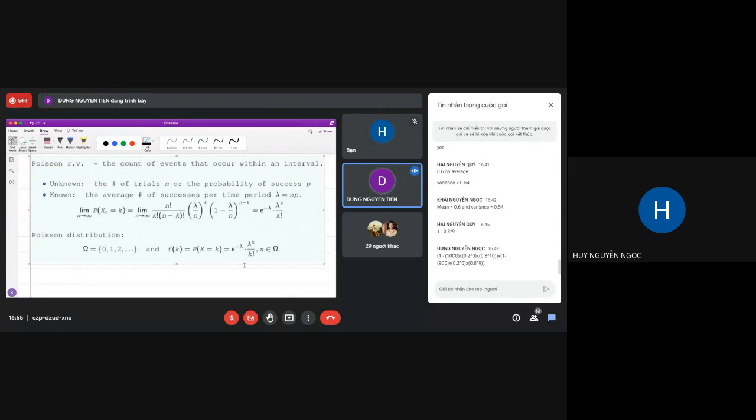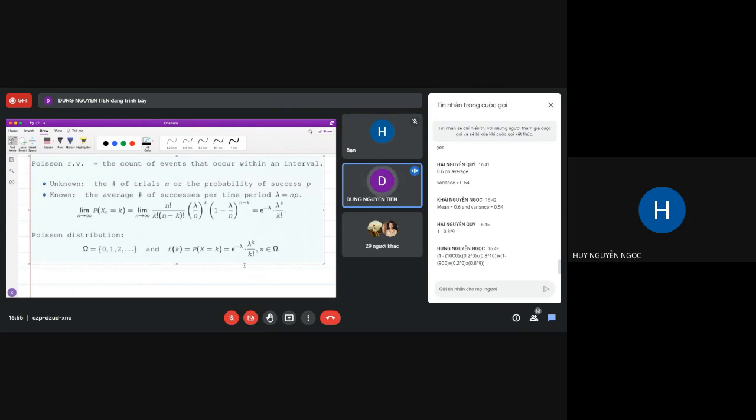So you don't know the number of trials n or the probability of success p, but you know the average number of successes per time period. That is the case that we have here.